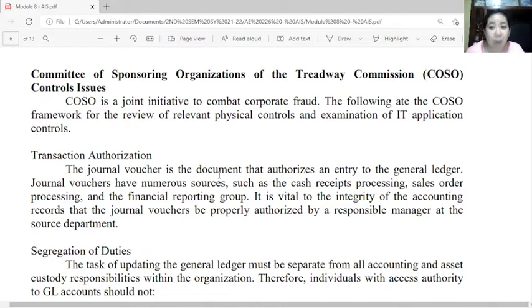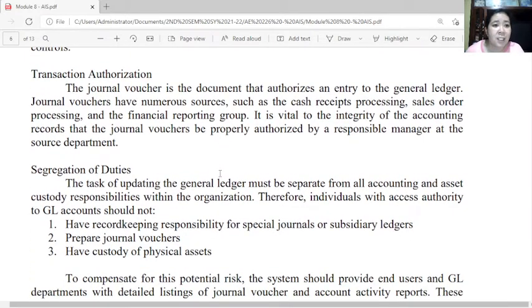We have here the following framework for the review of relevant physical controls as well as examination of IT application controls, which can be applied by management in their general ledger and financial reporting systems, respectively. For transaction authorization, the journal voucher is a document used to authorize an entry in the general ledger. As mentioned earlier, this is used as our source document.